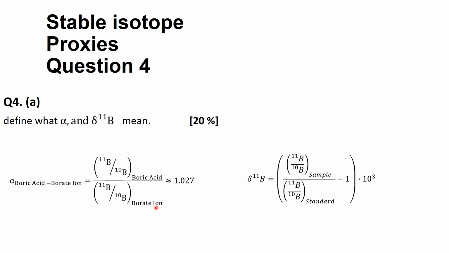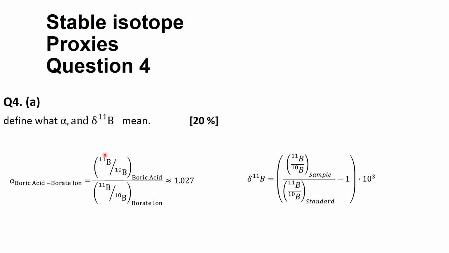So in the more generic sense, alpha is the fractionation factor. So you've got some marks for saying that. You could have said that it's the ratio of the absolute isotope ratio between two phases, but really specifically in the case of this example, it's the fractionation between the two phases dissolved in water, so between boric acid and the borate ion.